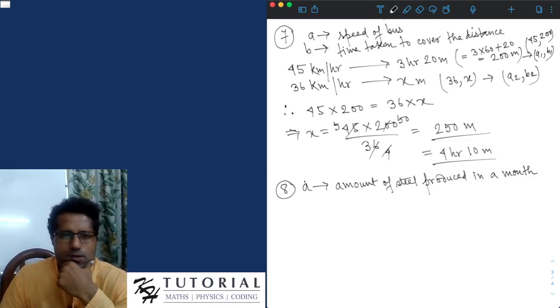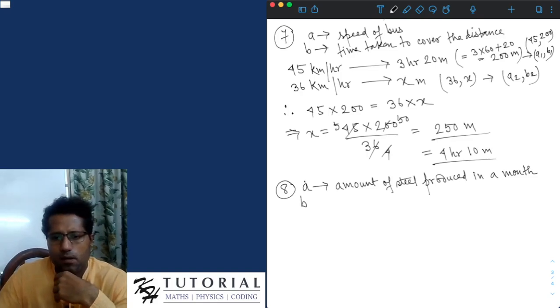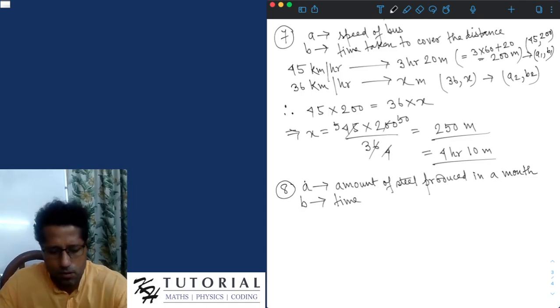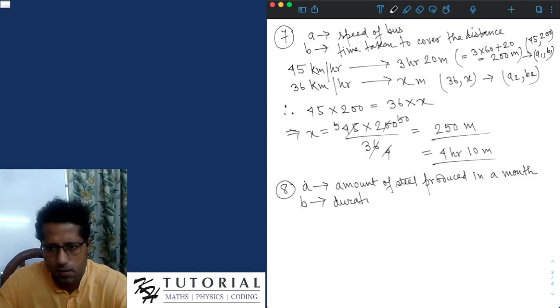The material is fixed. So B could be the duration for which the materials last.